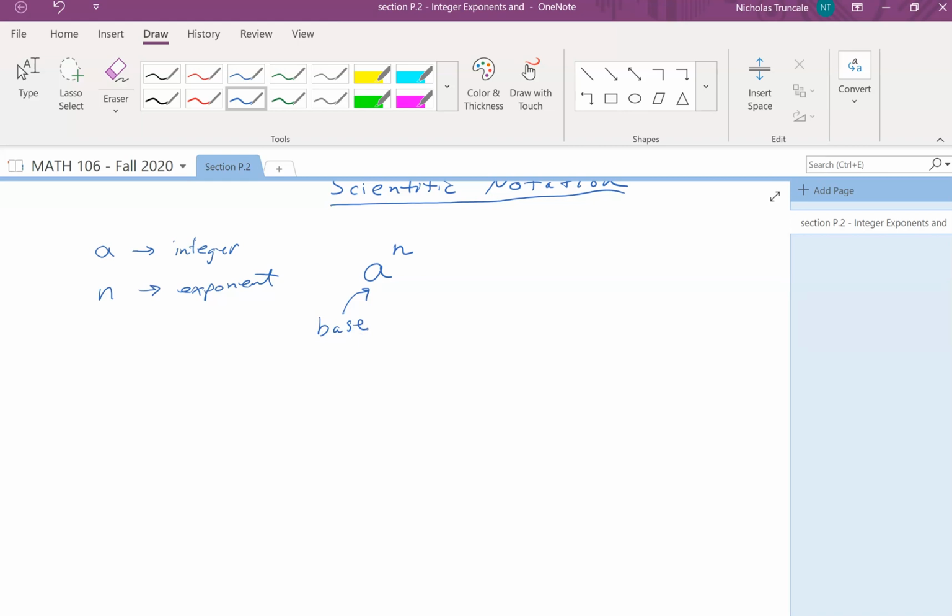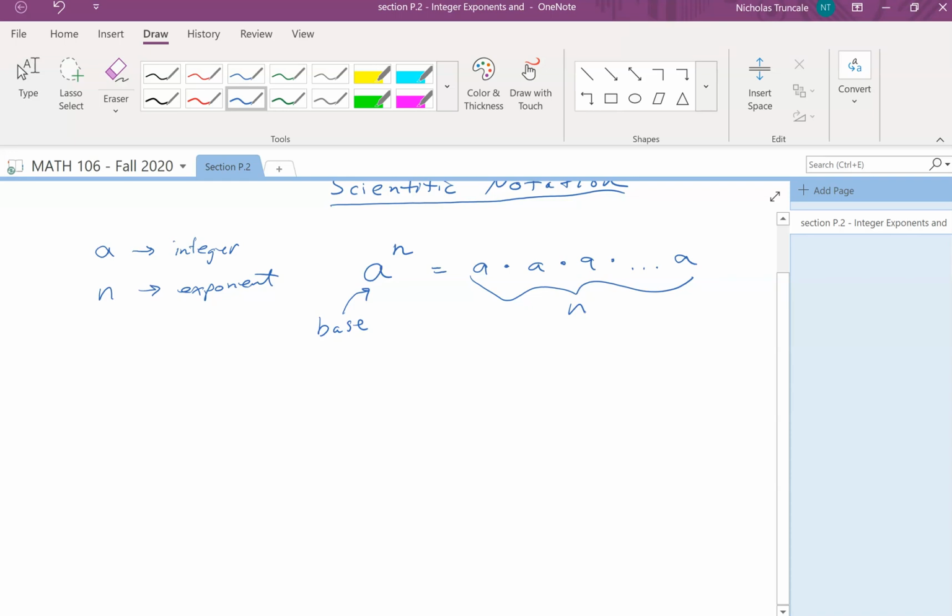So what do you do when you have this particular item in an expression? All you're doing is multiplying a by itself, however many times is equivalent to your exponent. So this would just be a times a, all the way up to one last a, where the sum of all of these multiplications is n.